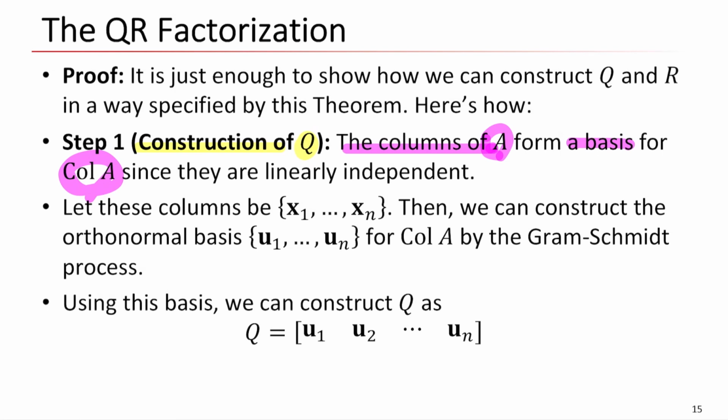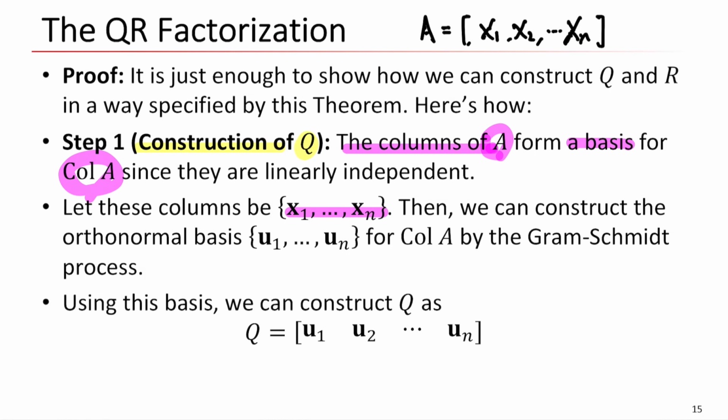Then let's say these columns are x1 through xn. So let's say matrix A consists of x1, x2 through xn here.